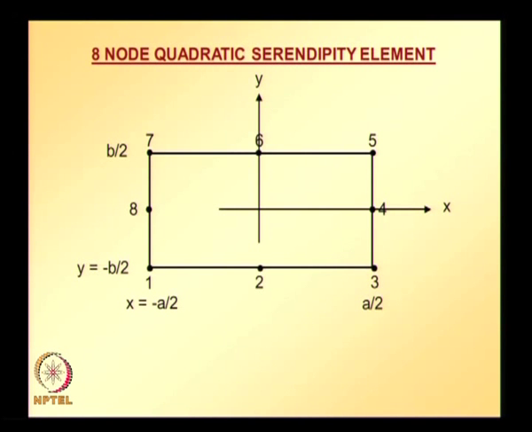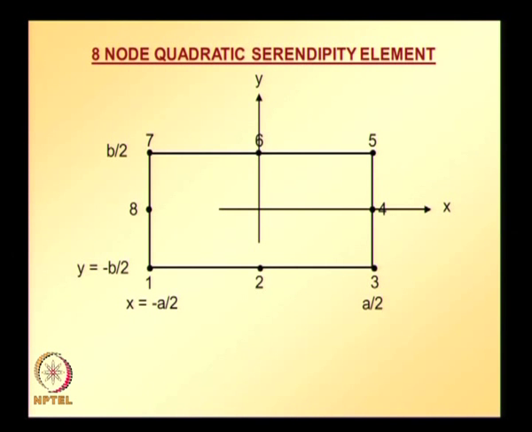Here, before I show the shape function expressions for this element, let us see how to derive the shape function of node 1. You can see from the figure that the shape function of node 1 is going to be 0 along edge 3 4 5, and it should also be 0 along edge 7 6 5.